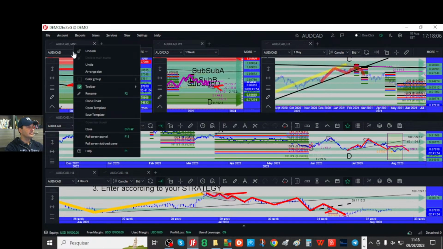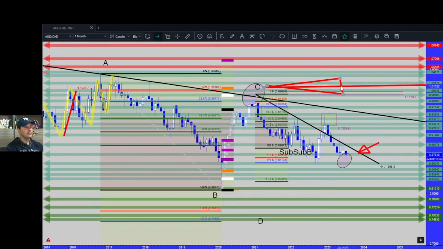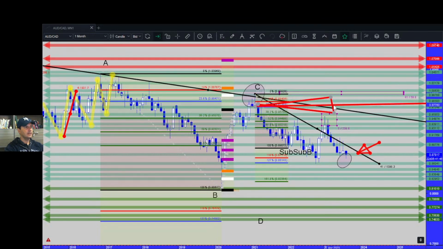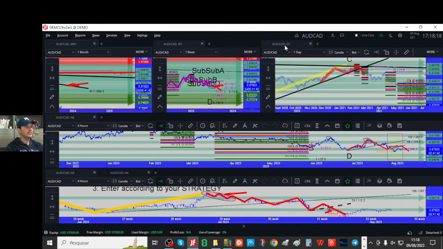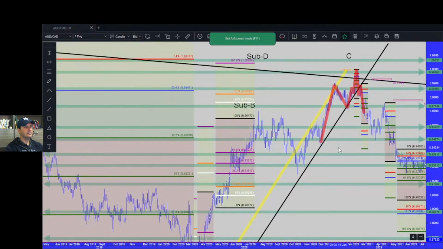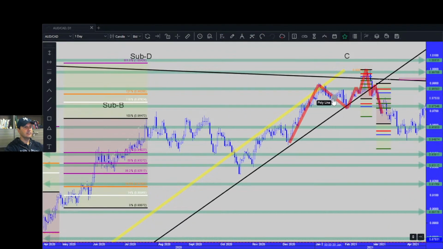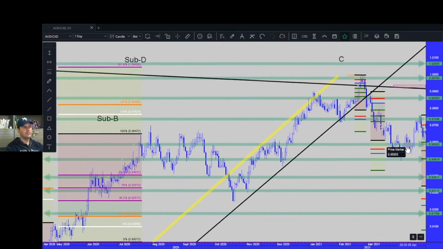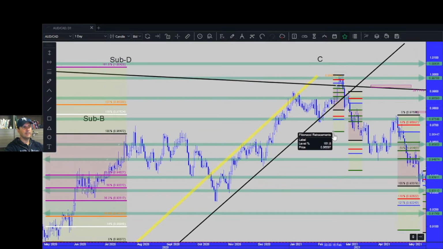So the monthly Fibonacci on AUD CAT formed a confirmed C, but I didn't have enough confidence to enter in the market at the first two, or at the counter trend line, right?